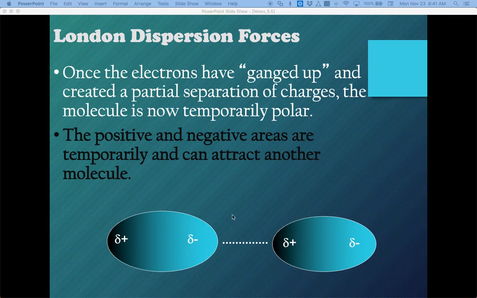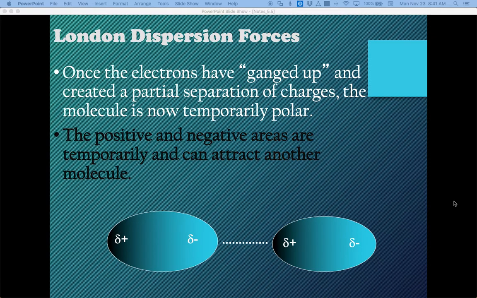And what you get is this magnetic attraction between two molecules. And it's temporary, right? Because just as the electrons randomly moved to one side of the molecule, which caused this temporary tiny magnet, they'll move back again. They'll go back to being evenly distributed and going back to being neutral.